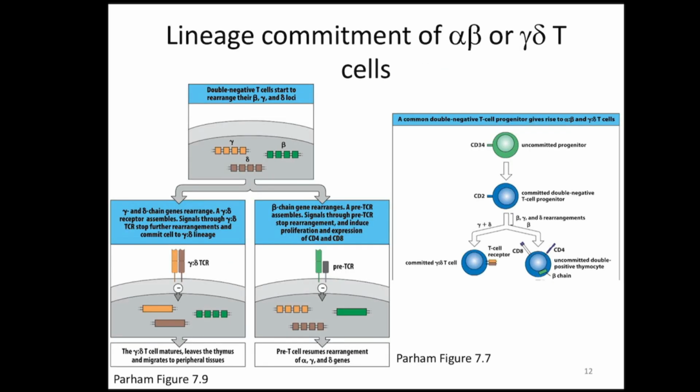And so this is how the cell thinks about being an alpha beta versus a gamma delta. As I told you, at that first step in the pro T cell, the cell is actually doing rearrangement of beta, gamma, and delta all at the same time.